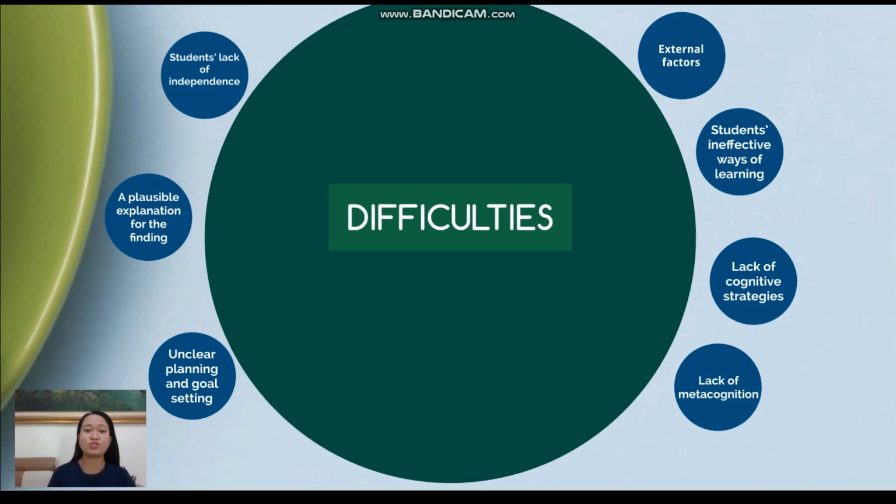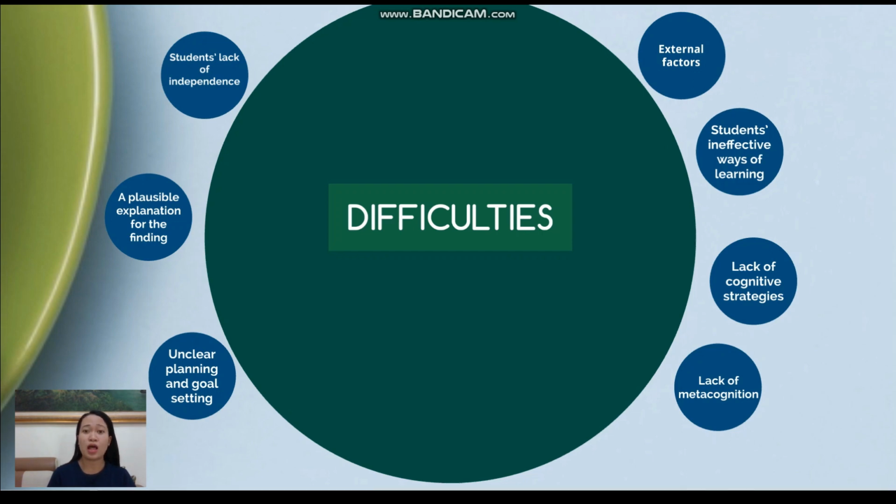Second, the students' way of learning English does not seem effective because they usually translate English materials into their first language, consult a dictionary, and skip difficult parts rather than reading and grasping the content.